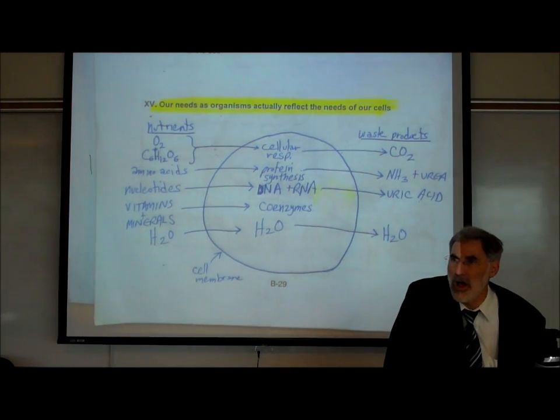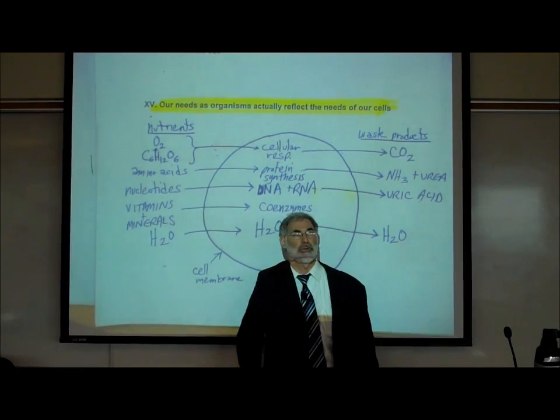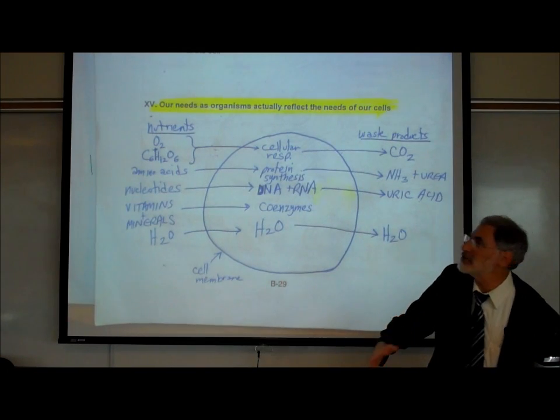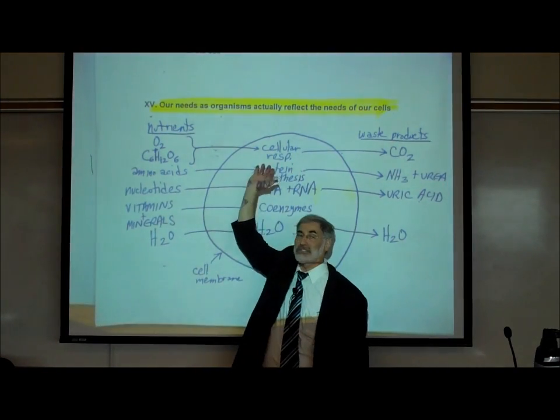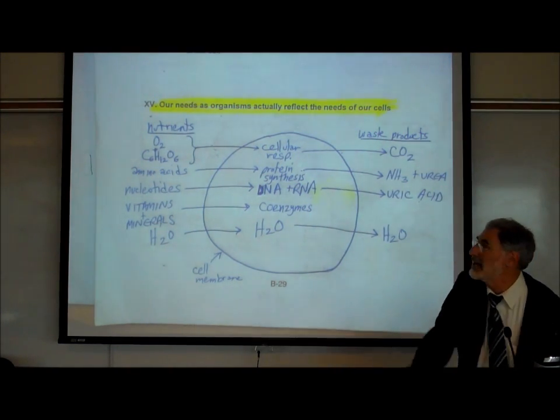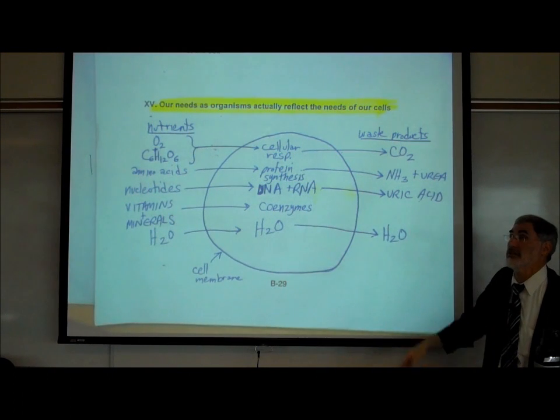You have lungs because cells are all carrying on cellular respiration. They need oxygen. They have to get rid of CO2. If your lungs don't work, you won't be able to get enough oxygen for cellular respiration. You won't be able to exhale, get rid of the CO2, and it will build up and cause what we call respiratory acidosis.